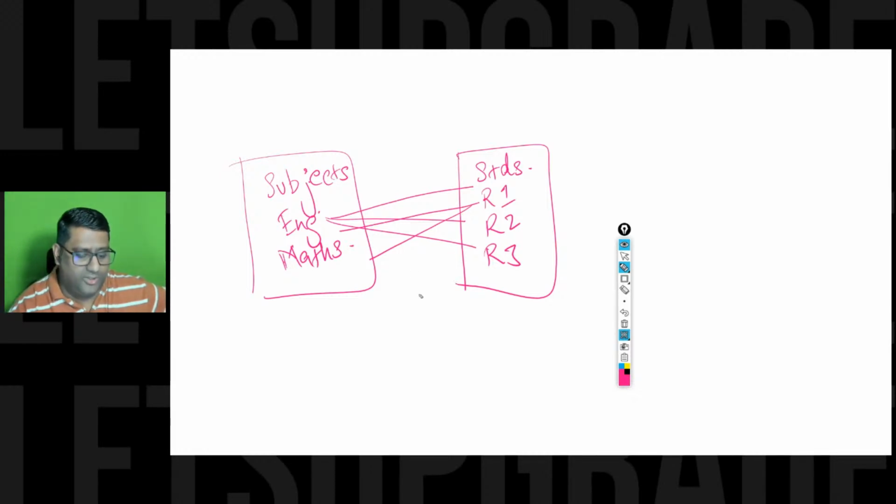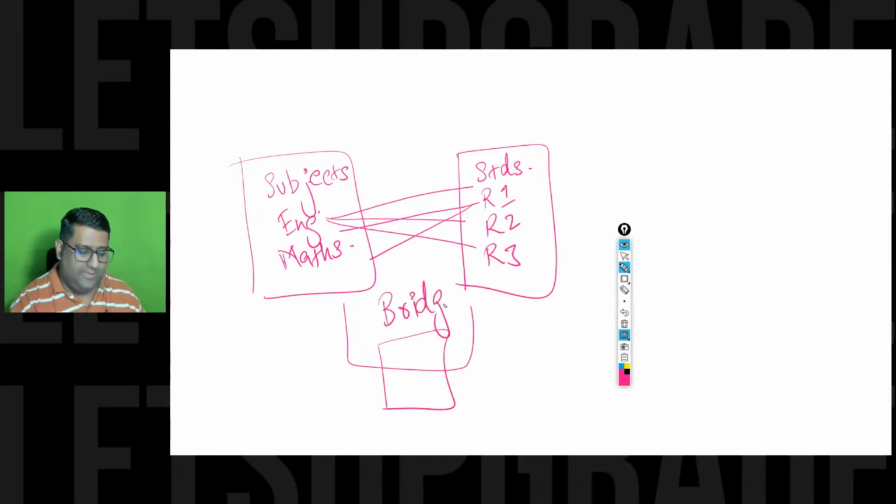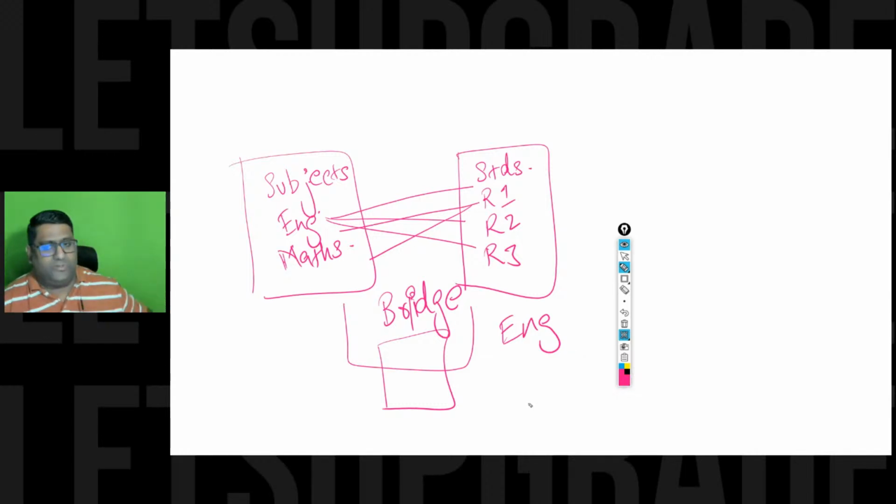So be very careful when you're dealing with this kind of situation. Instead of that, you create something called a bridge table in between. That bridge table will look at these combinations. So you will have English with R1, English with R2, English with R3. Similarly, you'll have maths with R1, R2, and R3.